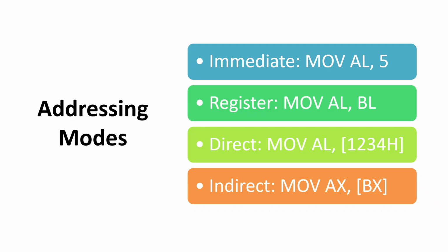In MOV AL, [1234H], the data is taken from the memory location 1234H. Finally, in indirect mode, the address is stored in a register. For example, MOV AX, [BX] uses BX to point to the memory location from which the data is fetched. These addressing modes give assembly programmers flexibility in how they store, retrieve, and manipulate data.